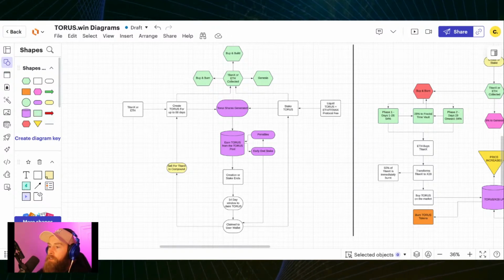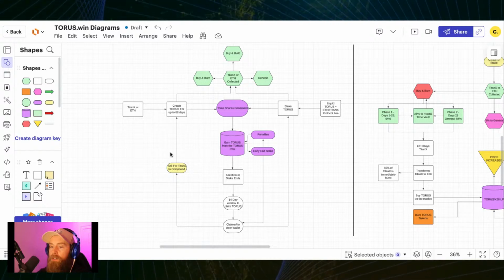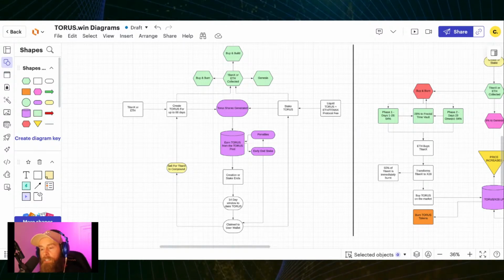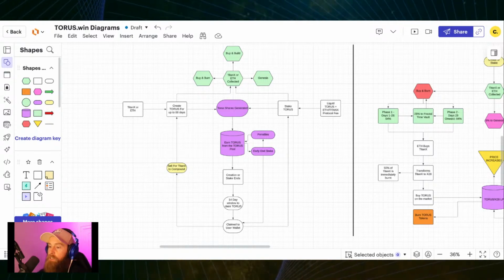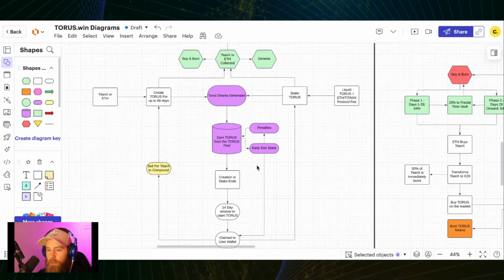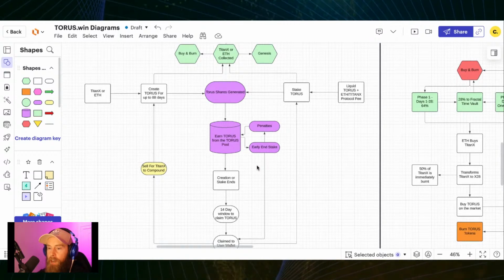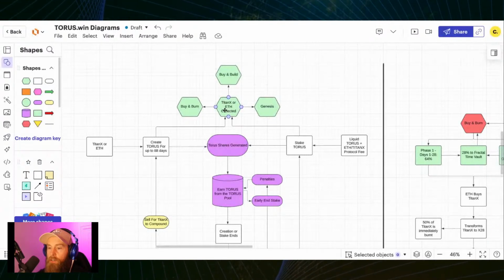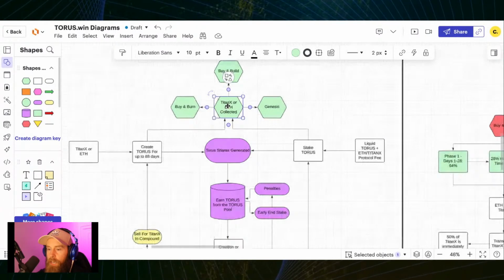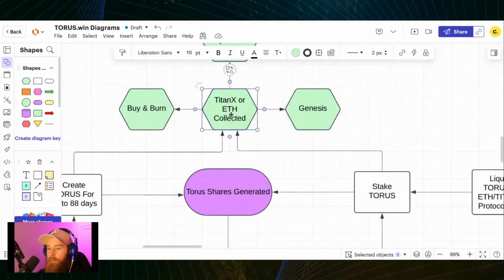And let's talk about the creation side, because when we're talking about big ROIs like this, we're potentially talking about a lot of sell pressure, right? So let's talk about the flow diagram, the user experience here. Someone comes in and they want to create, okay?